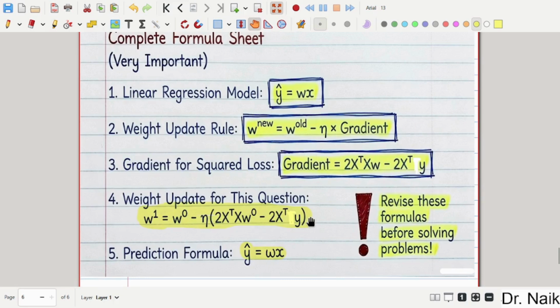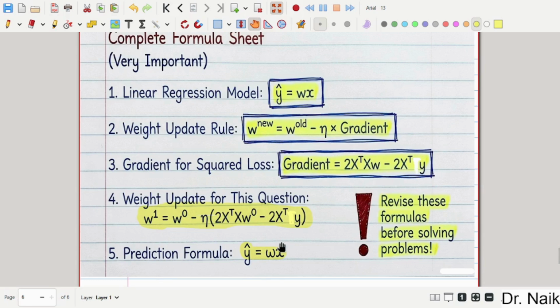Important formulas: the linear regression model is y hat is equal to wx. The weight update rule is W new is equal to W old minus eta times gradient, and the gradient for the square loss is 2 times x transpose x into W minus 2 times x transpose y.